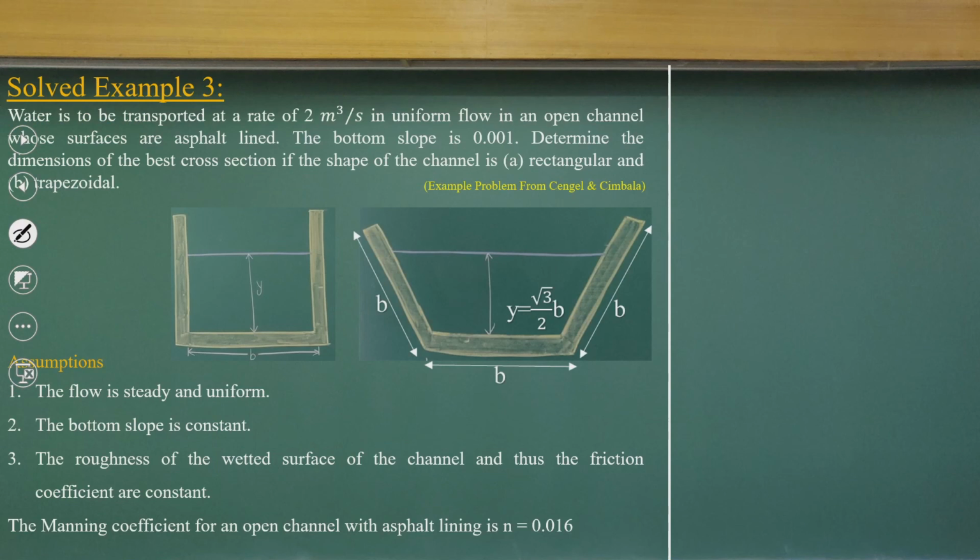Now, I will just look at one example from the Subramanya book. Water is transported with a given discharge in an open channel, lined, the slope is given, determine the best cross section if the shape of the channel is rectangular or trapezoidal. Okay. If you look at this, you can highlight the assumptions: flow is steady, uniform, and all these conditions.